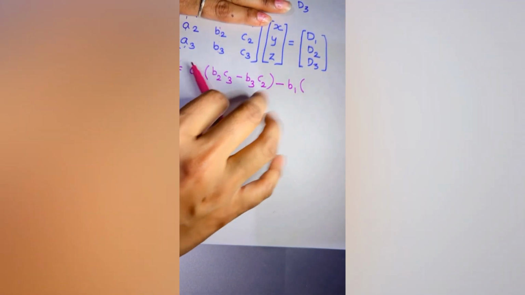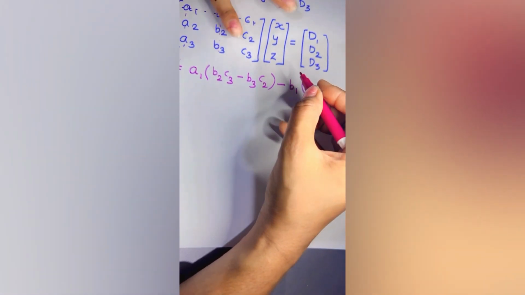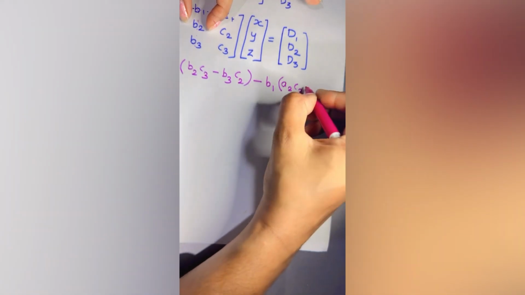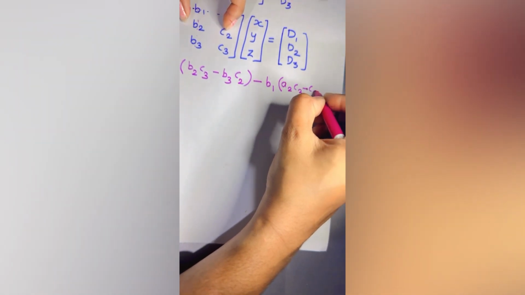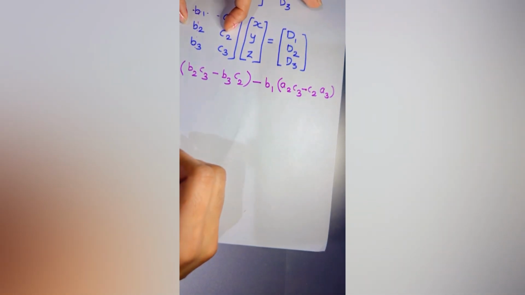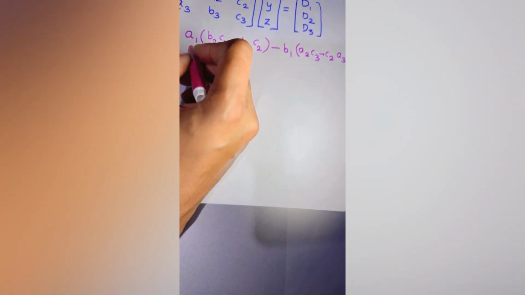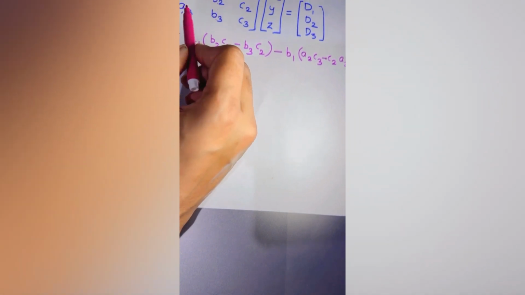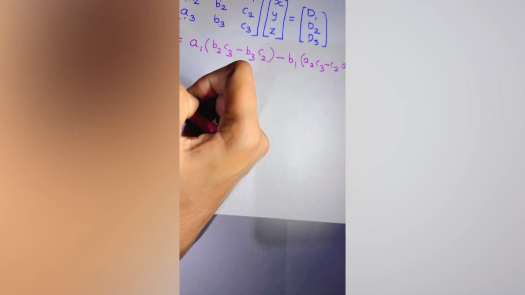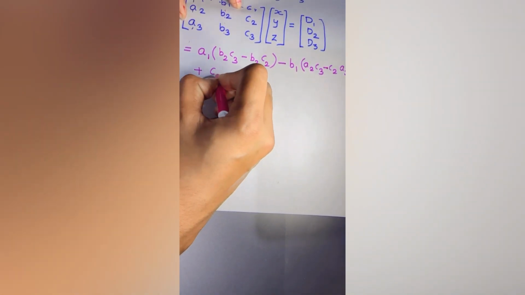What is remaining now? a2, a3 and c2, c3. a2 c3 minus c2 a3. Okay. Then third, and remember the sign conventions here. First you have positive, then minus, then plus. Now the third will be plus c1.